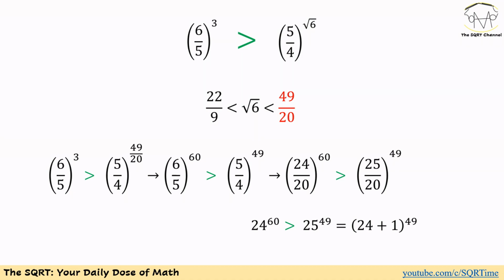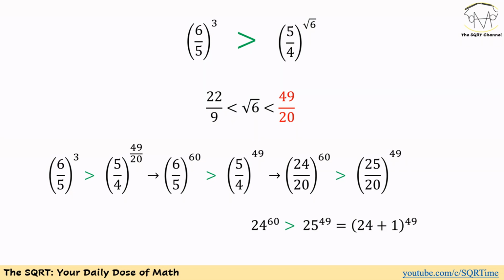So we have 5 and 4 in the denominator of the fraction, so I'm going to make them exactly the same. To do this, I'm going to multiply both numerator and denominator of the left hand side by 4. We will end up with 24 over 20 to the power of 60.